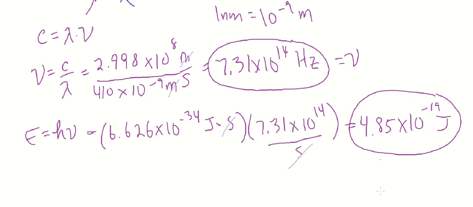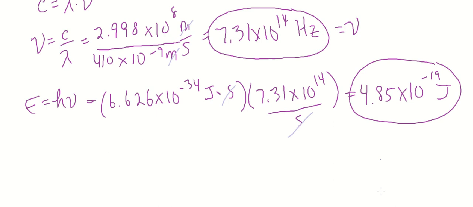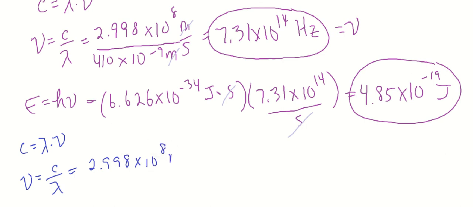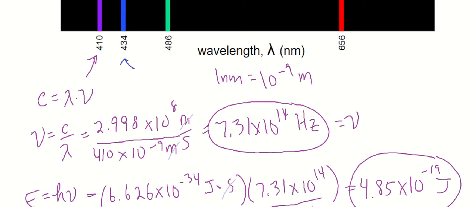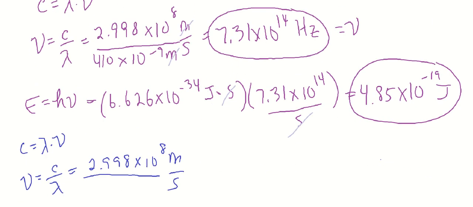434. Speed of light is equal to wavelength times frequency. Therefore, frequency is equal to the speed of light over wavelength. 2.998 times 10 to the 8 meters per second, wavelength for that blue line is 434 nanometers, which is the same thing as 434 times 10 to the negative 9 meters. Meters cancels out.